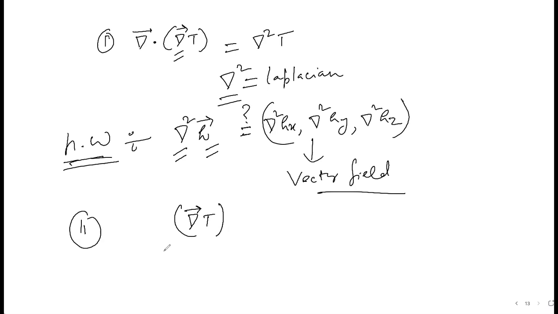You write a gradient, something like this, right? And then this is again a vector field, isn't it? And you know that you can combine a vector field with a vector field by a curl operation too, isn't it? Right? So what will this quantity be? Can someone comment on that? 0, sir. Why is that so?